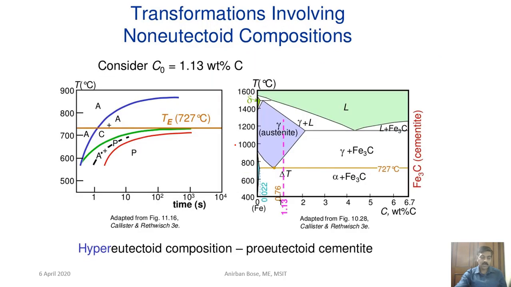Now you see what the transformation curves will be. Here you can see the pearlitic transformation curves, the red one pearlitic transformation end, the green one pearlitic transformation start, and one extra transformation curve which corresponds to the pro-eutectoid phase transformation, which is the cementite in this case, right?